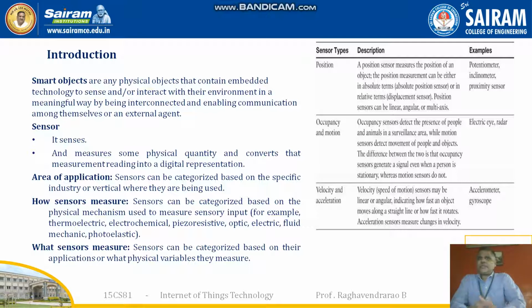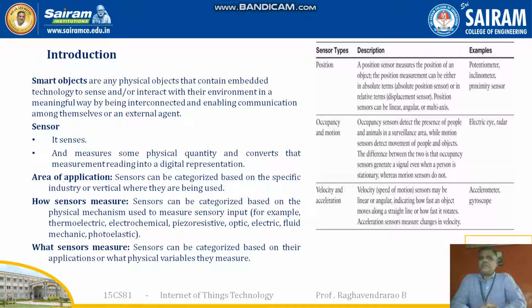Then, the areas of application of the sensors. They can be categorized based on the specific industry or vertical where they are going to be used. Secondly, how sensors measure, basically.